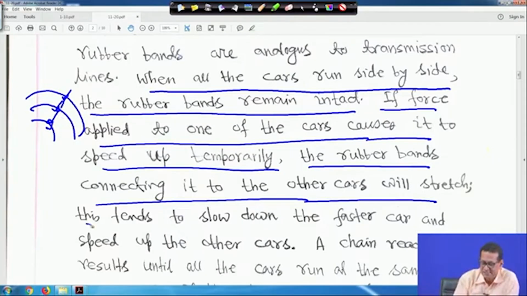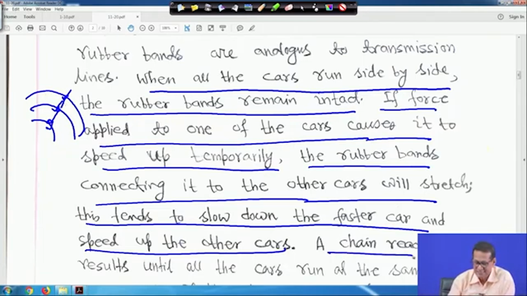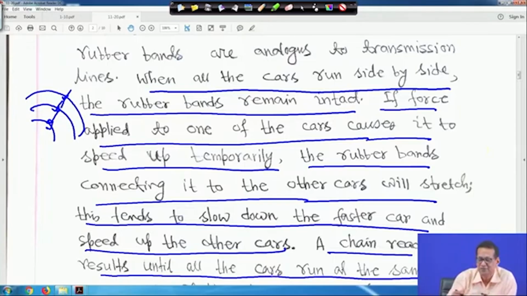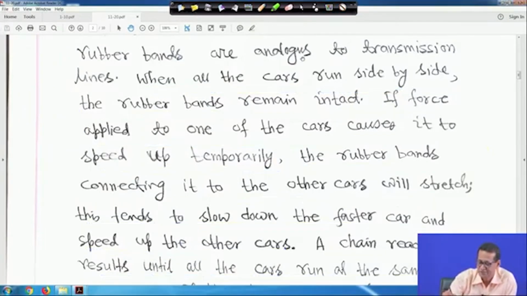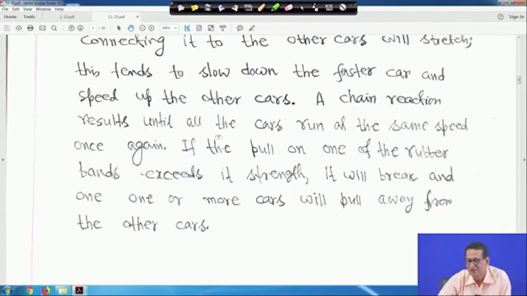This tends to slow down the faster car and speed up the other cars. Therefore, a chain reaction results until all the cars run at the same speed. This is analogous to synchronism.